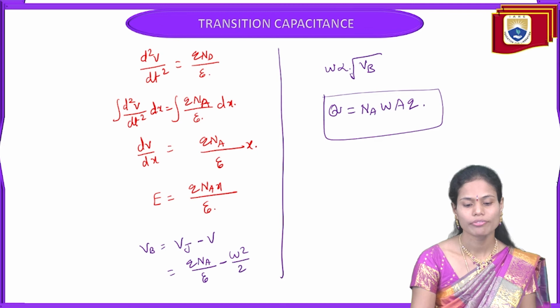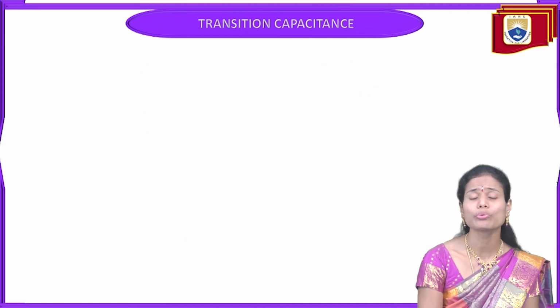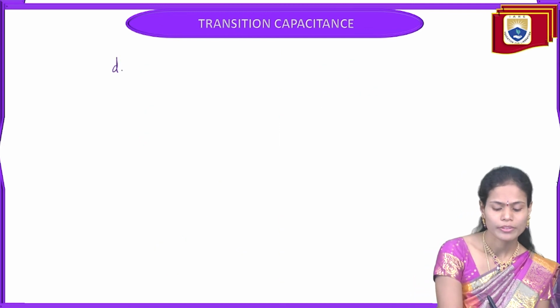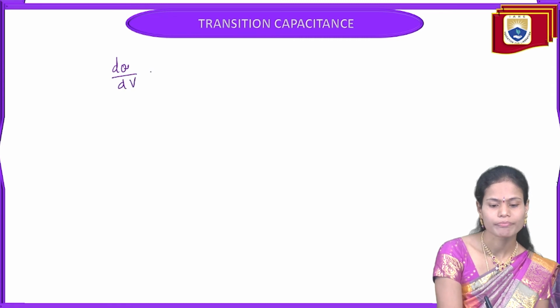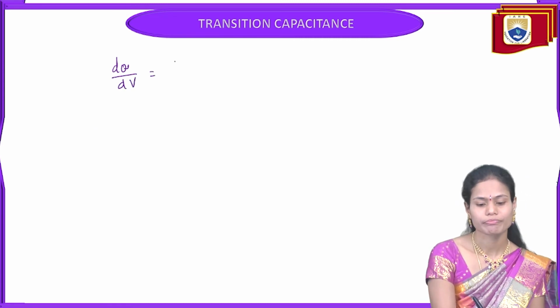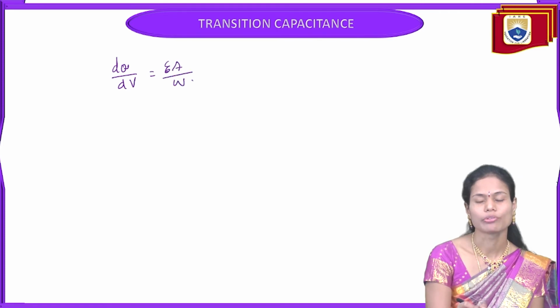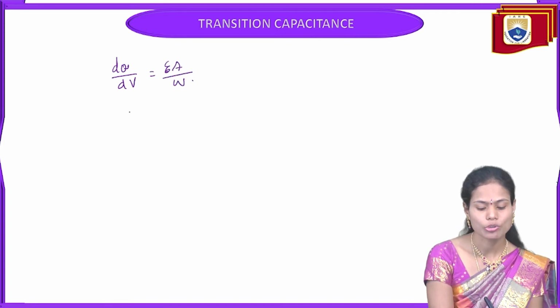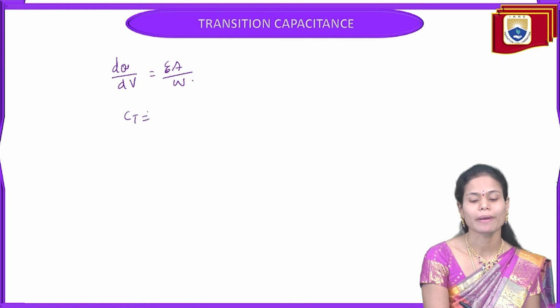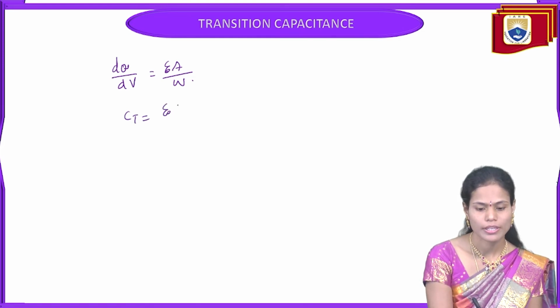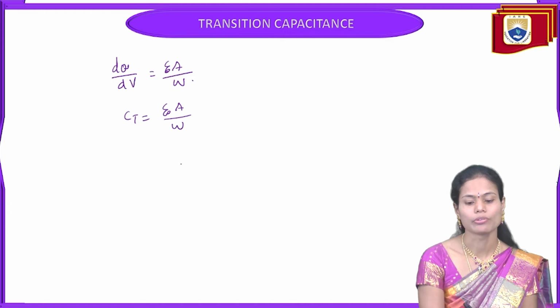If we differentiate this Q equation with respect to V, we get dQ by dV equal to epsilon A by W. So dQ by dV is nothing but our transition capacitance CT, that is epsilon A by W.